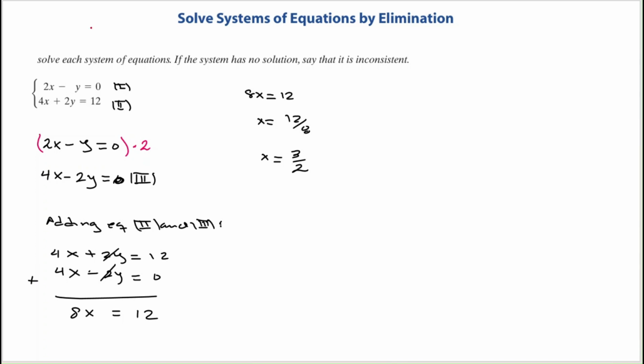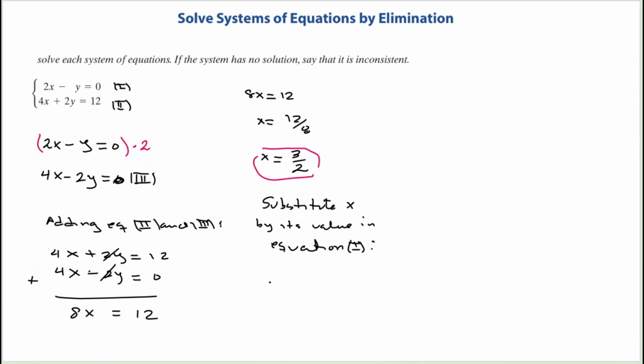So I have now the value of x. We're going to now find y. To find y, we can substitute x's value in any of the equations. So I'm going to, in this case, do it in equation 1. My equation 1 is 2x minus y equals 0.